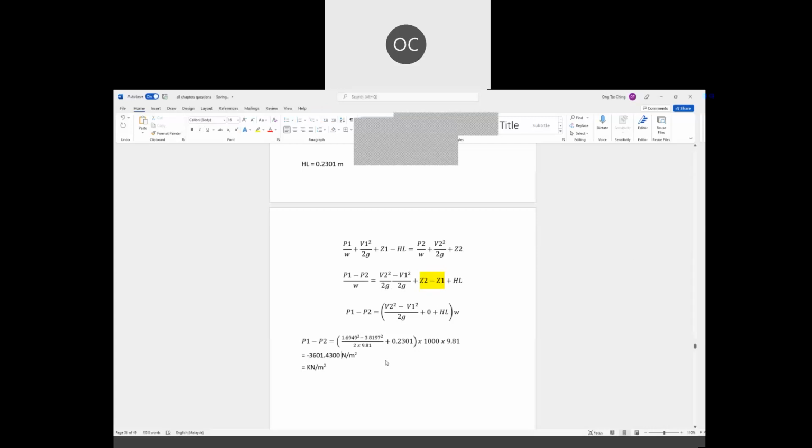You should obtain negative 3601.43 newton per meter squared. Then they require you to put your answer in kilo, so it's very direct, negative 3.60143. That will be the final answer.